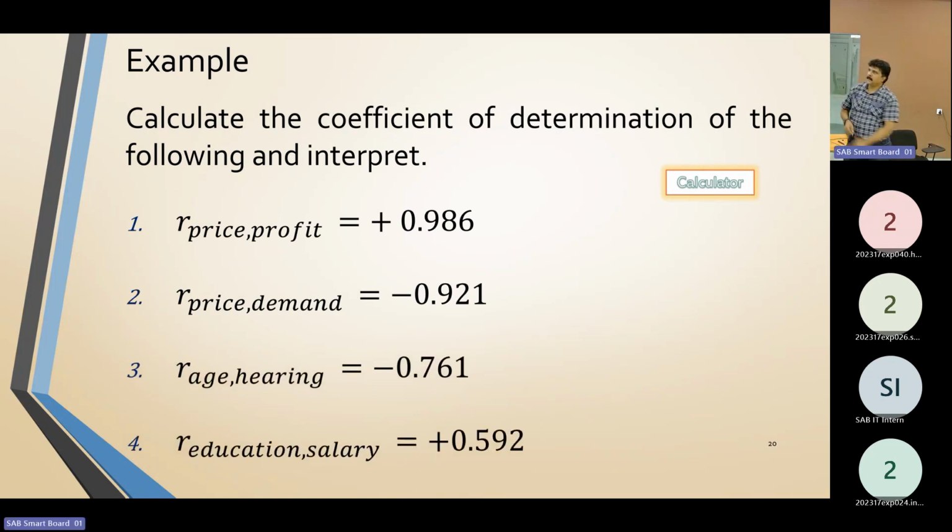Same question as before: calculate the coefficient of determination and interpret. Price and demand, age and hearing ability, education and salary.